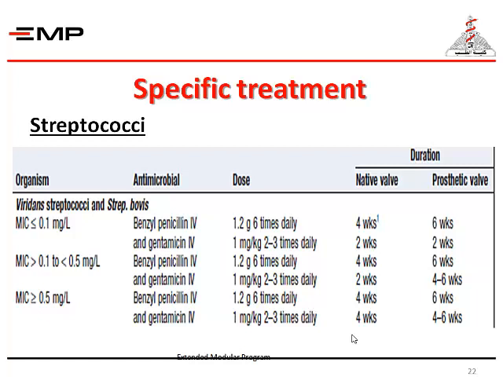Streptococci. It's important to know that streptococcal infection could be treated with benzyl penicillin IV and gentamicin, and according to the minimal inhibitory concentration and the presence of native or prosthetic valve, we could decide the duration of treatment, which is 4 weeks of benzyl penicillin in native valve endocarditis and 6 weeks in prosthetic valves, regardless of the minimal inhibitory concentration.